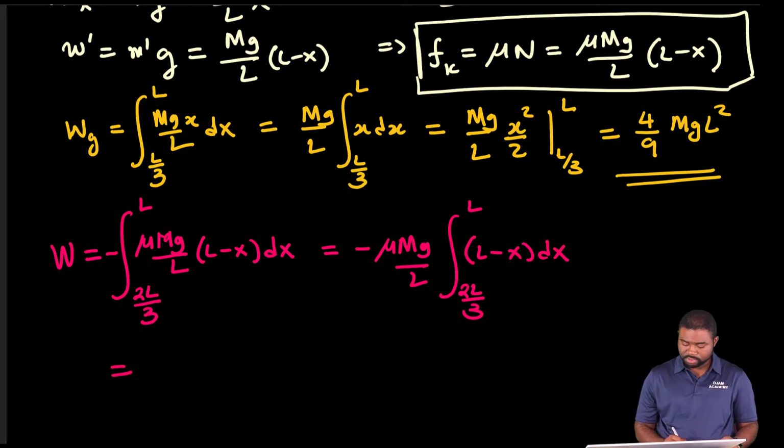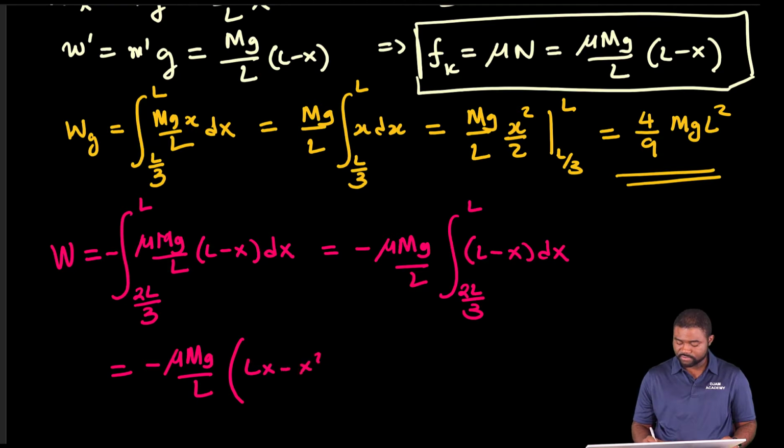This will be equal to negative mu capital Mg over L bracket Lx minus X squared over 2 from 2L over 3 right up to L.